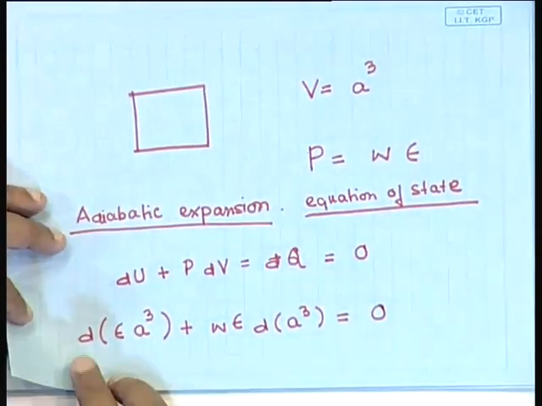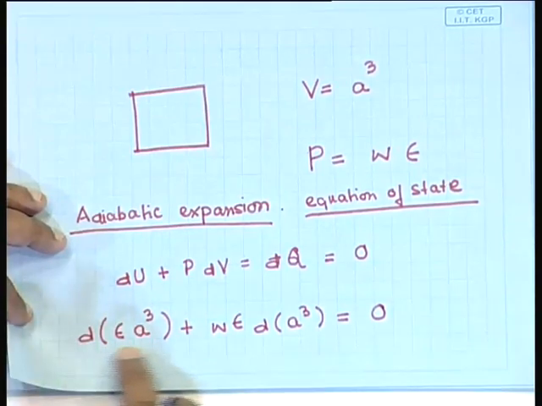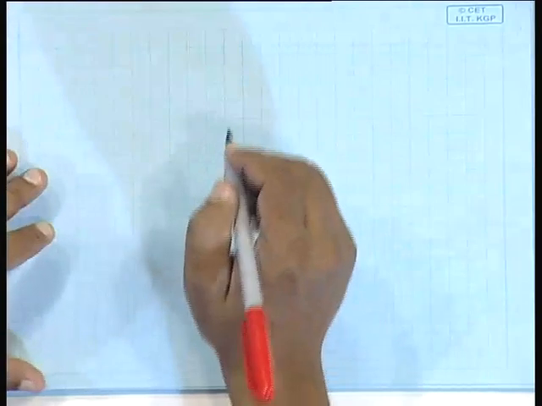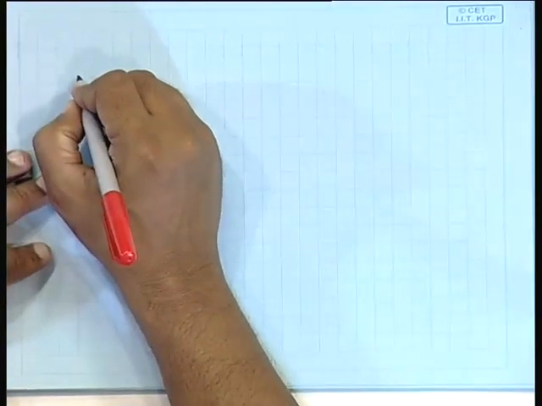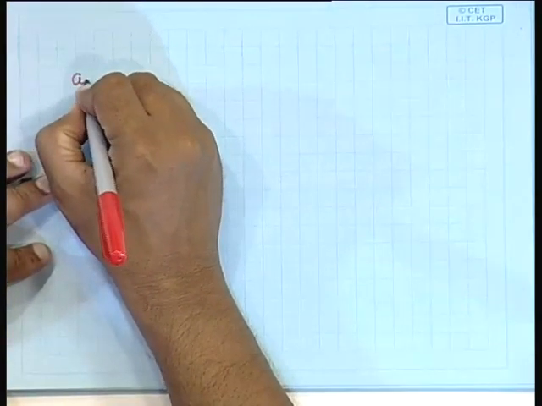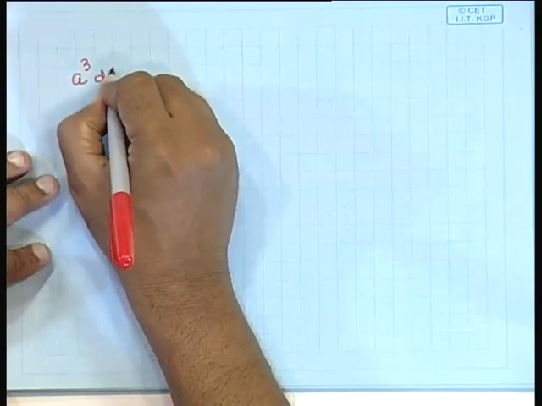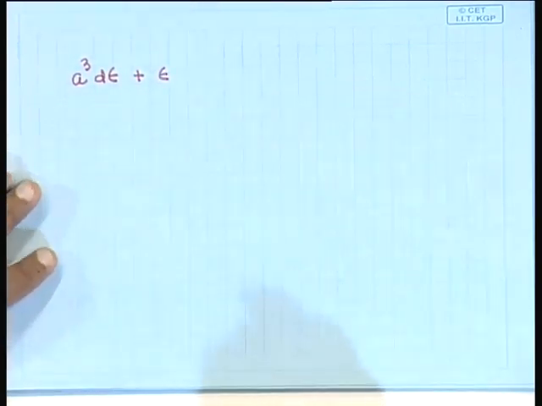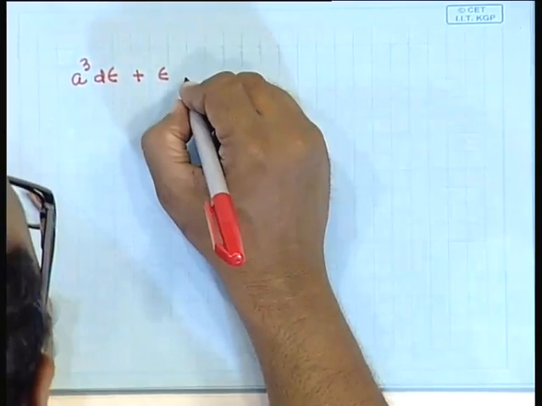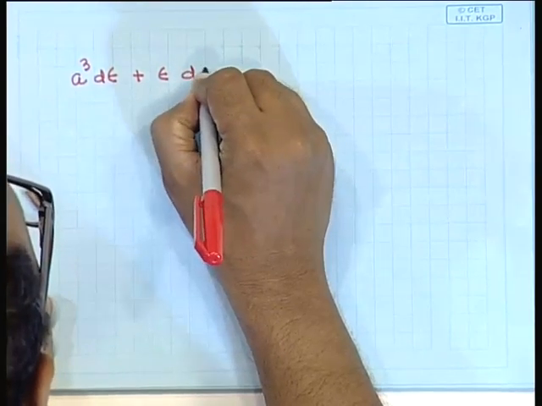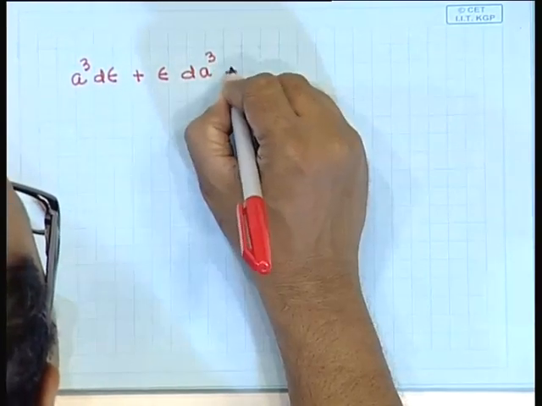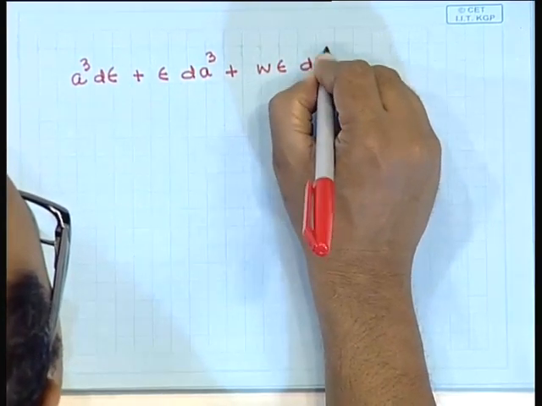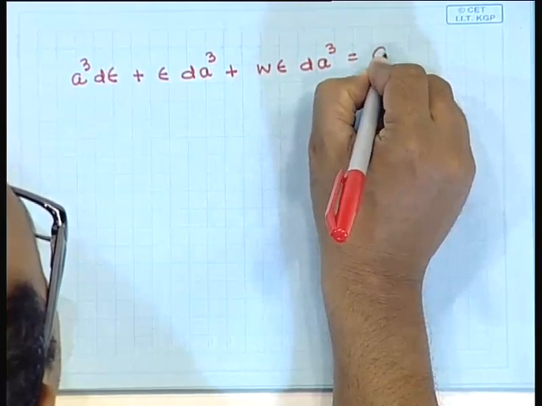So, we can expand this out, and if you expand it out, what you get is A cube d epsilon plus epsilon d A cube plus W epsilon d A cube is equal to 0.